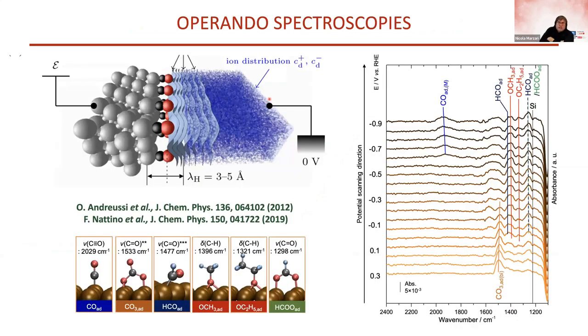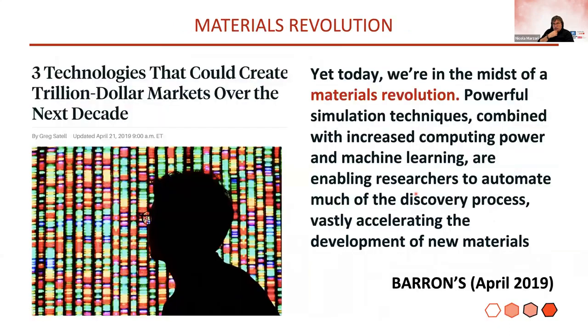And the last example, these are just taken from our own work because I'm familiar with them, is complementing experiments, like here looking at vibrational spectroscopies like SEIRAS, basically infrared, during electrocatalysis, and identifying all the different reaction products from the appearance of their vibrational peaks at different potentials. And one can match exactly the molecular structure with the spectroscopic signature.